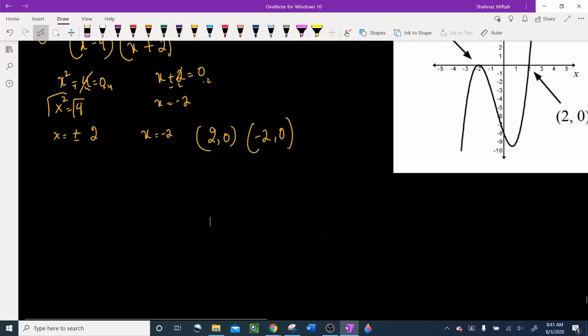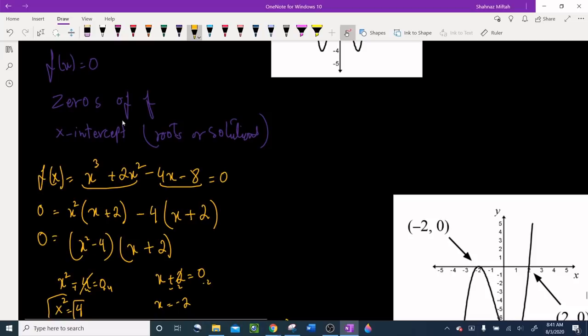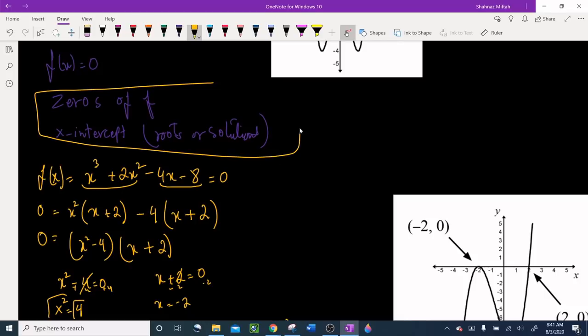So these are my zeros, and you can also call them x-intercepts. X-intercepts means when y is always 0. So this is what we talked about, what zero means, and we can call them solutions, roots, zeros. These are all the x values. These are different vocabulary words like zeros of f, x-intercept, roots, or solution. They all mean x value.